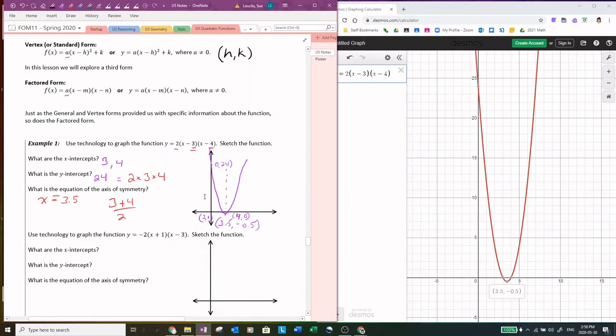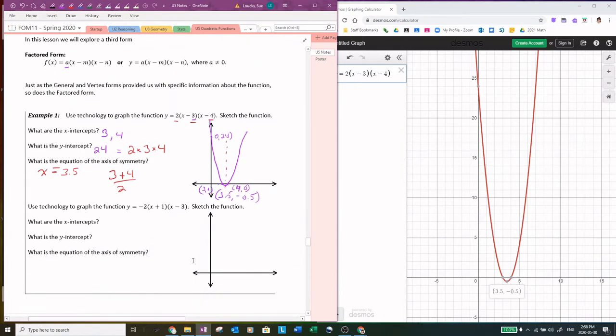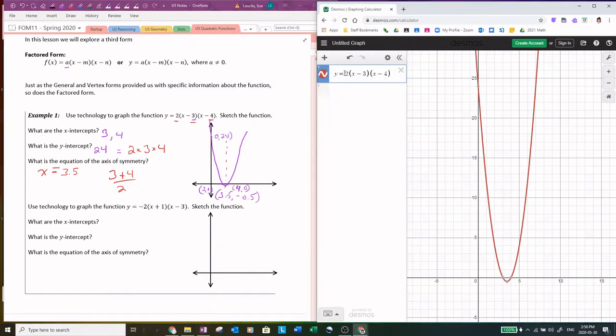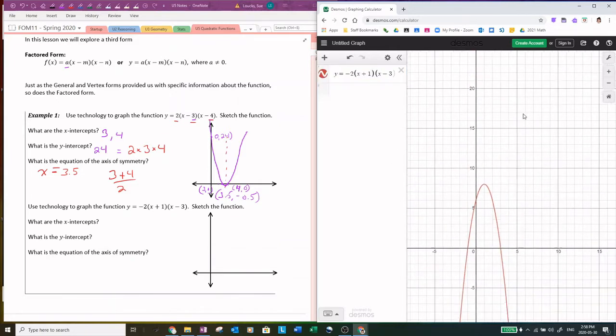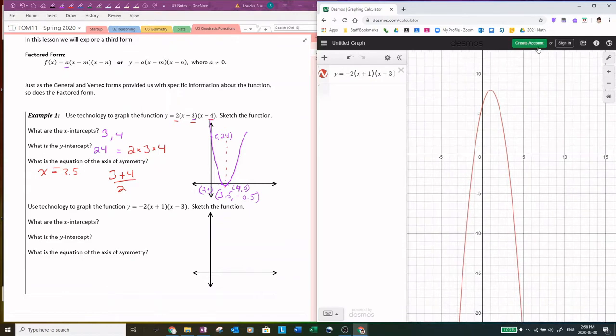I invite you to pause and do the second example and then come back and check it. I'm just going to keep going. So this one is going to be negative 2 times x plus 1 times x minus 3. Okay, and let's move the graph a little bit.